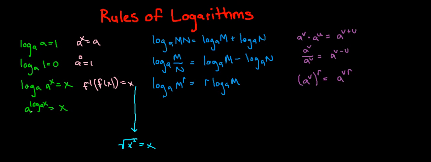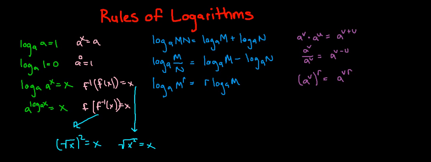And similarly, if we have a raised to the log base a of x, it's almost the same thing, except in this case, we're first doing the inverse of x and then taking the function of it. And that's also going to be equal to x. We're undoing what the other function just did. Now this would be similar to taking the square root of x and then squaring it. It's the same thing, it's just backwards. So that's what that is.